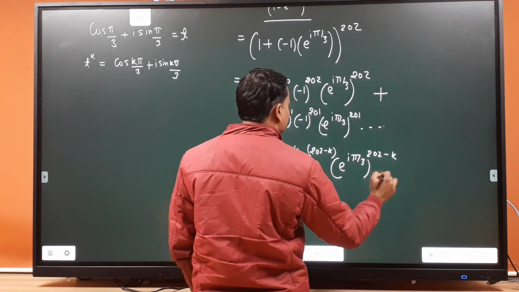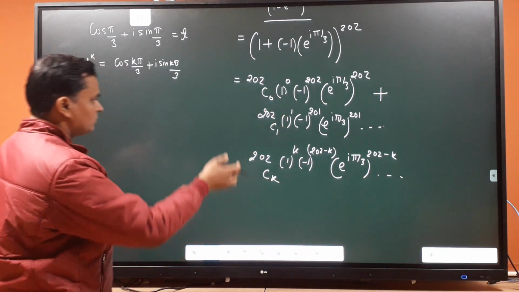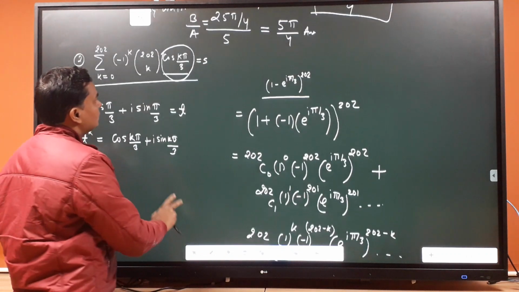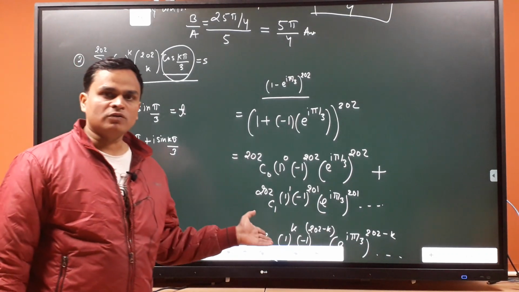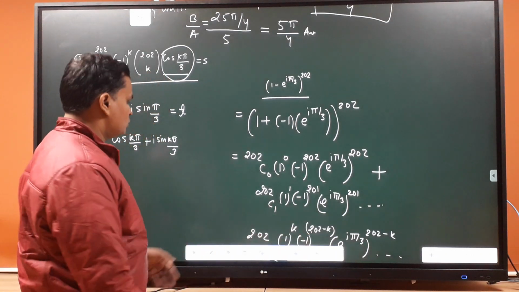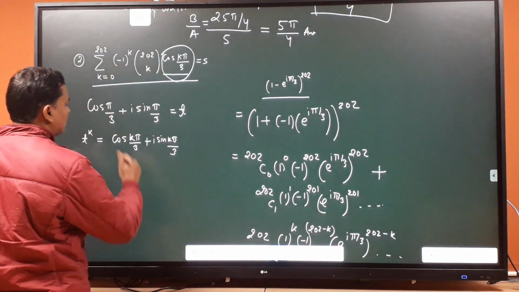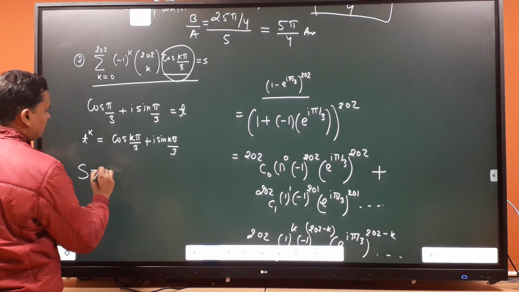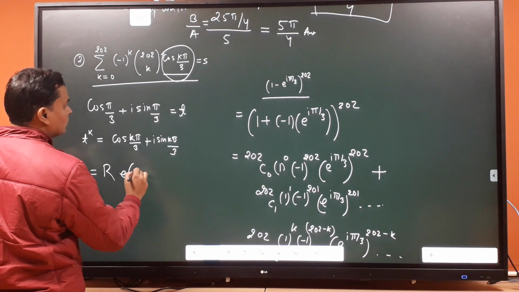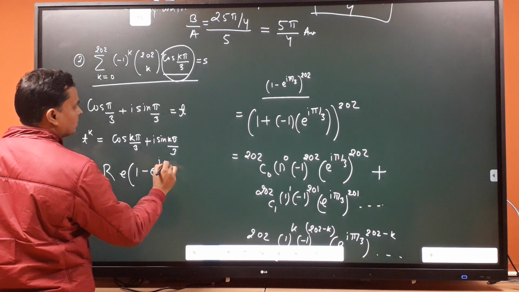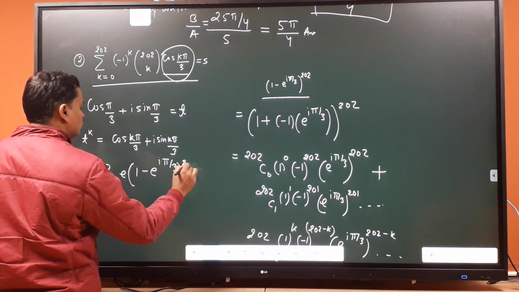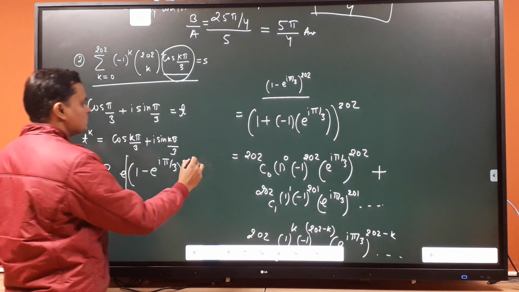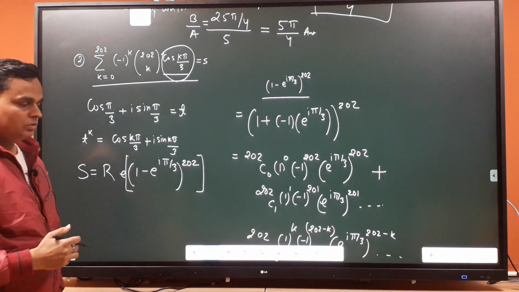So we can clearly see from this series that the value we were required to find is nothing but the real part of this particular sequence. So I can write here that S is nothing but the real part of (1 minus e to the power i pi by 3) to the power 202. Now, it is not easy to find the real part of this particular expression.